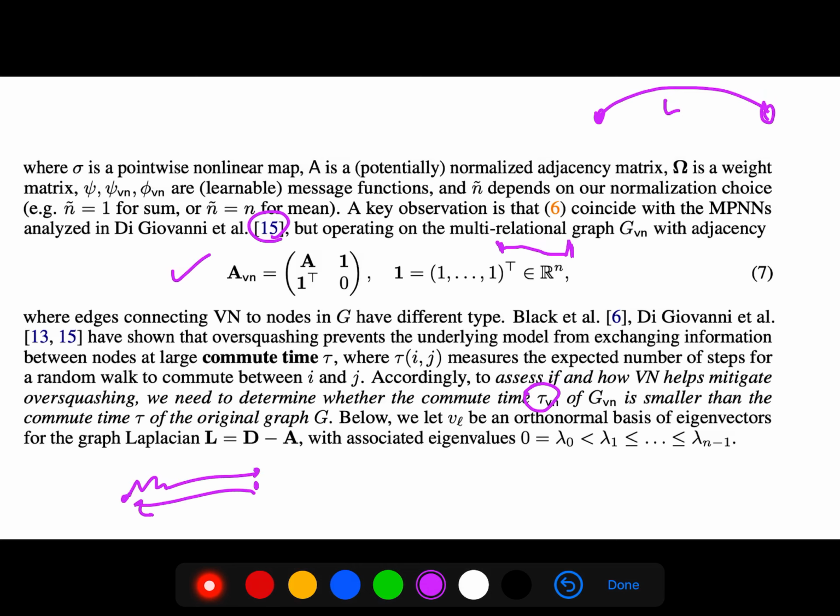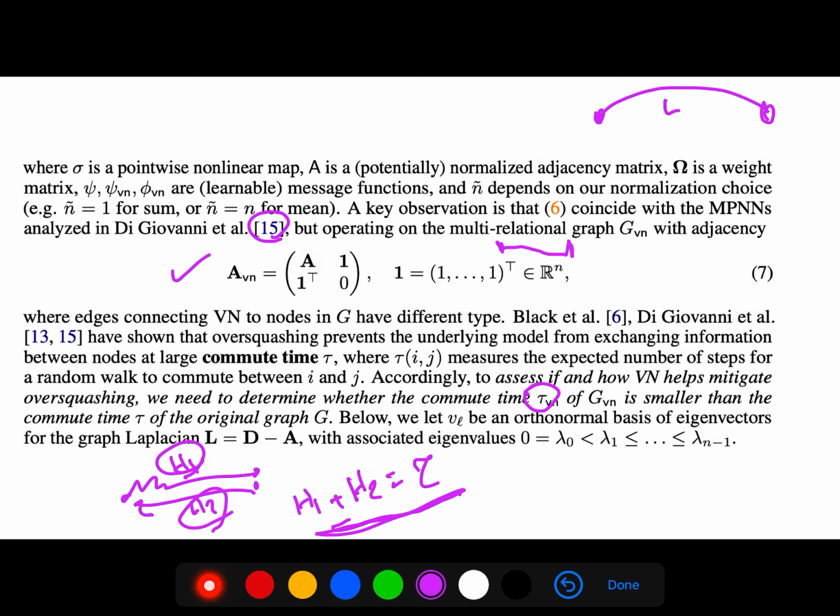So if you have H1 and H2 and you add these two times, then you get the commute time. H1 we usually call hitting time. Hitting the target and then coming back, hitting the source. If you add them, you get the commute time.